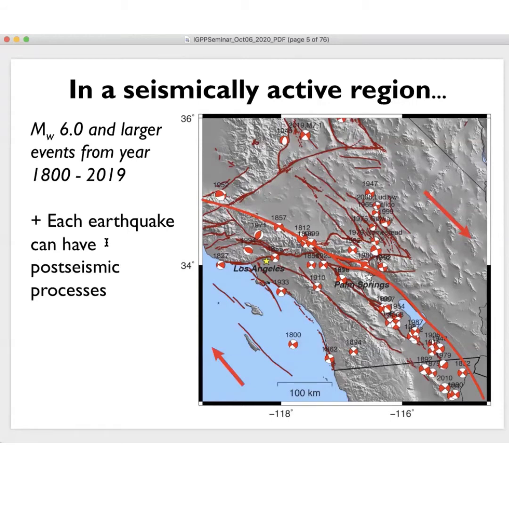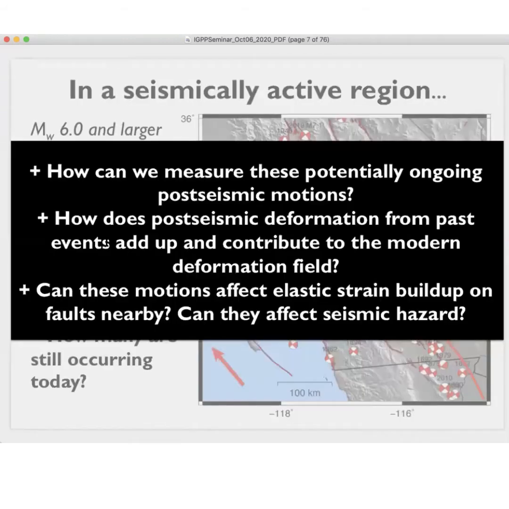But more importantly, when we think about timescales, how many of these longer-term viscoelastic relaxation processes are still potentially occurring in the modern day? So to bring up some motivating questions, these are questions that I've been really interested in my PhD research and still am interested in. But first, how can we measure these potentially ongoing post-seismic motions from past earthquakes?